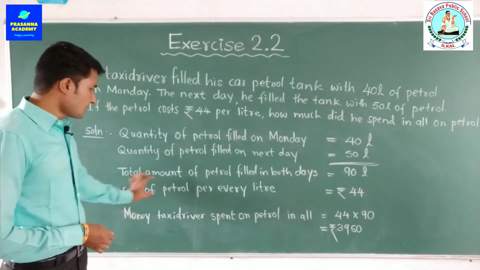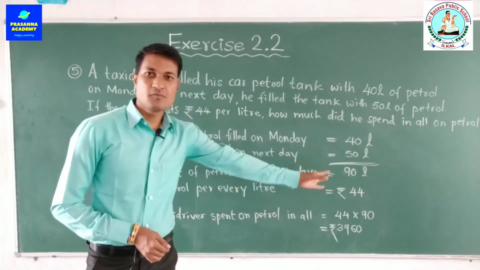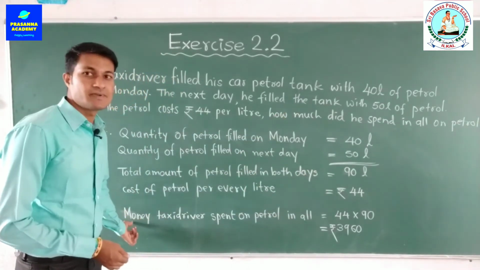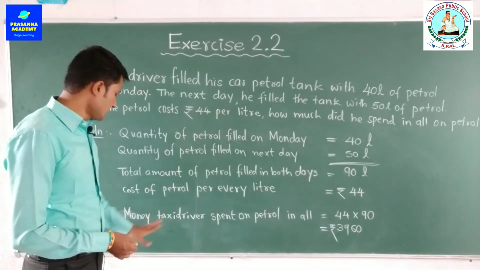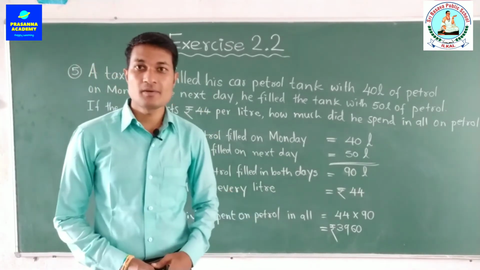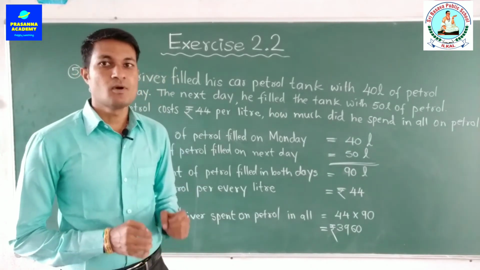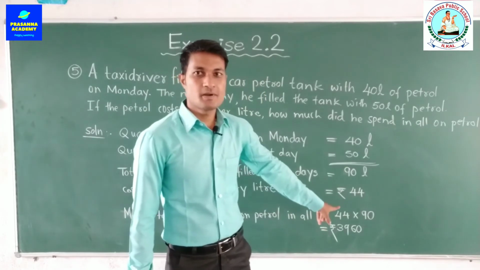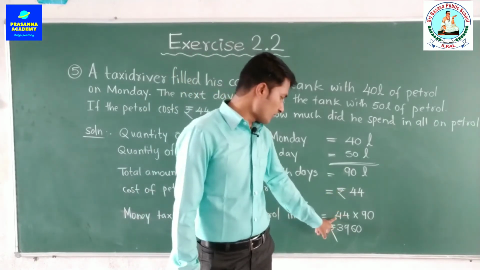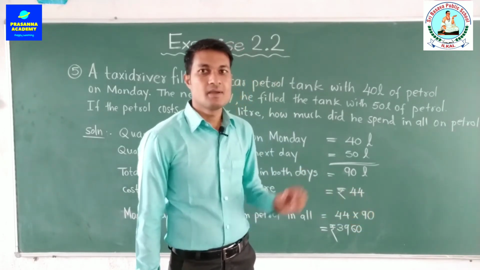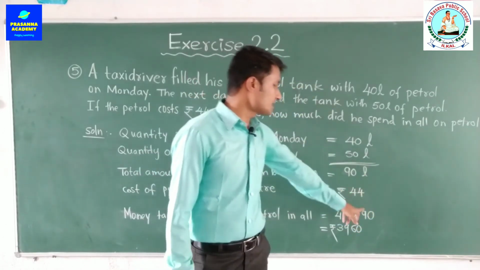Then the cost of petrol per every liter is how much? 44 rupees. It is clearly given in the question. Next, the final sentence we need to write according to this question is: what is the total money that the taxi driver has spent on the petrol in all? So here we need to multiply the cost of petrol per every liter, that is 44 rupees, with the total amount of petrol that he has filled in his car petrol tank, that is 90 liters.